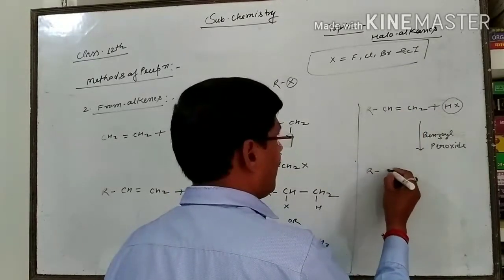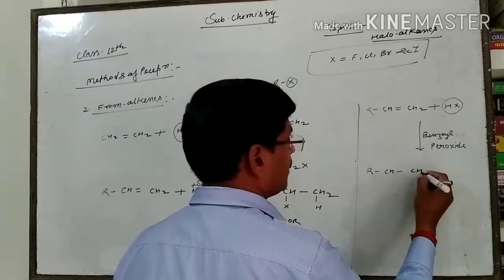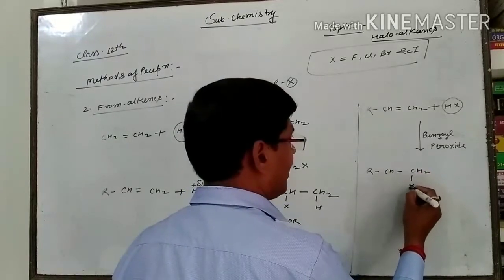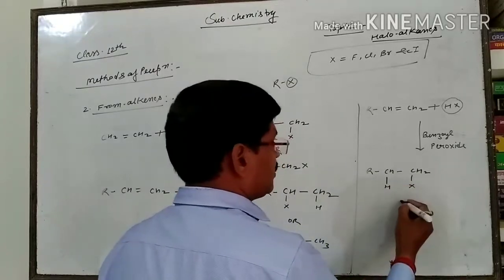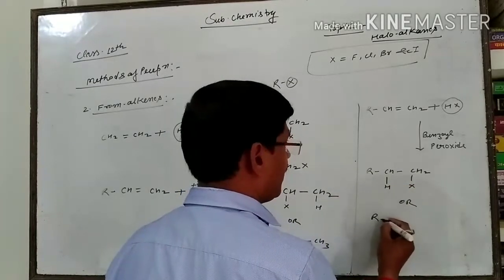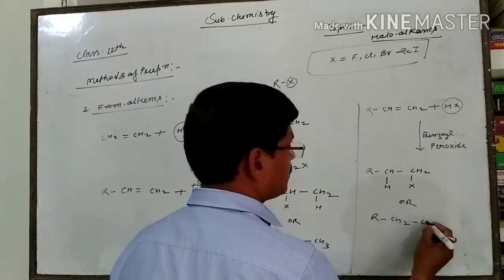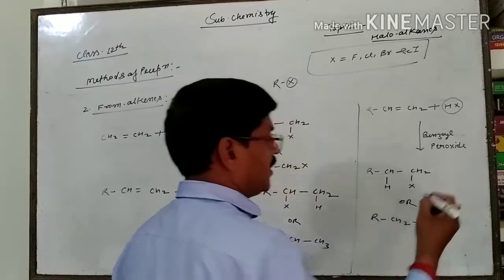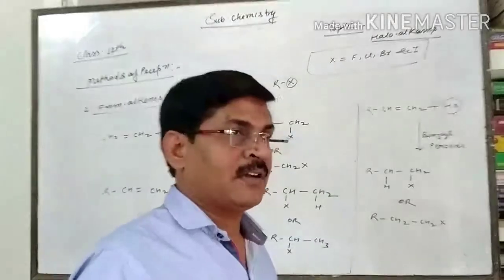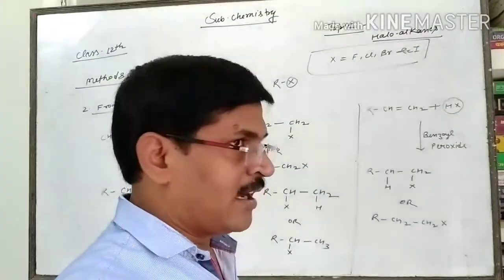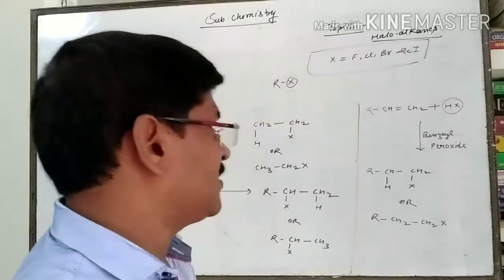It will give RCH-CH2, where X adds on the terminal carbon and H on the adjacent carbon. So I can write this as RCH2CH2X. In this way I can prepare alkyl halide or haloalkane from alkenes also.